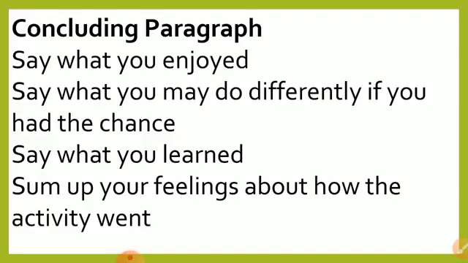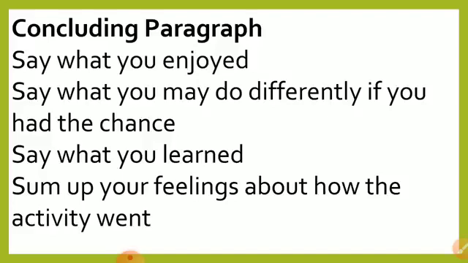In the concluding paragraph, you have to say what you enjoyed, what you may do differently if you had the chance, what you learned from that event, and sum up your feelings about how the activity went. These points should come in your concluding paragraph. Say what you enjoyed.